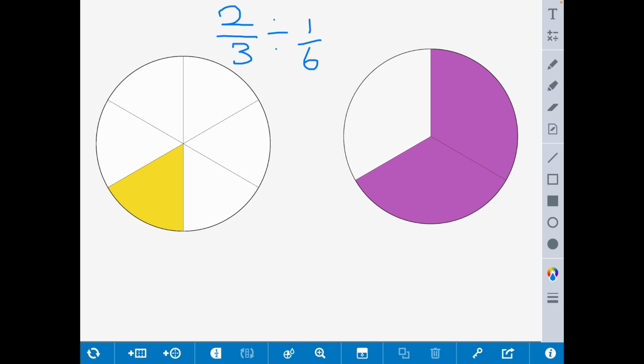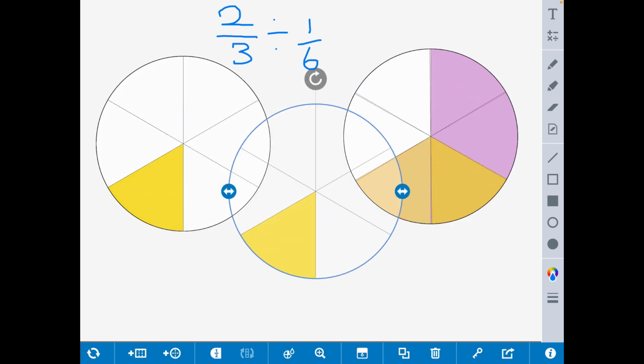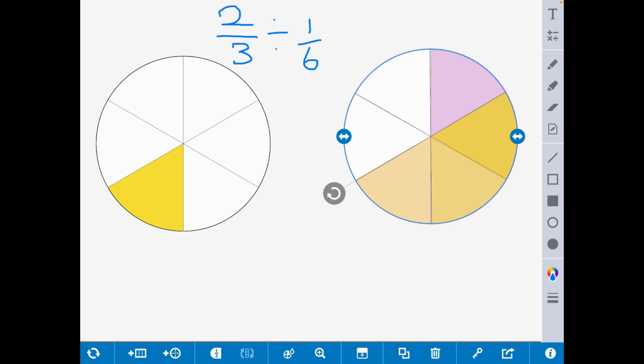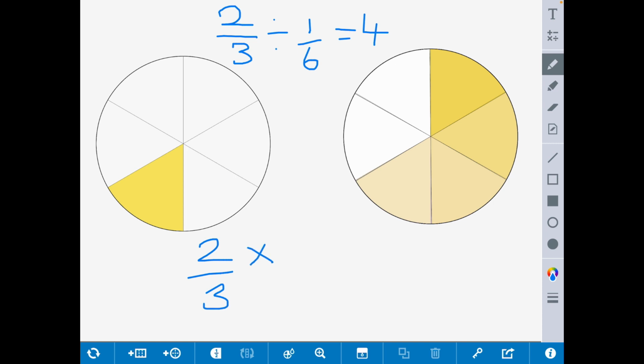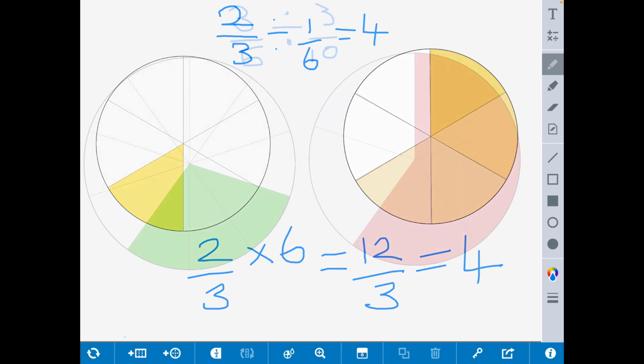What does that do? As you can see, 1/6 goes into 2/3 4 times. And 2/3 times 6. Well, 2 times 6 is 12, and 12 divided by 3 is 4. Everything is still working out as expected.